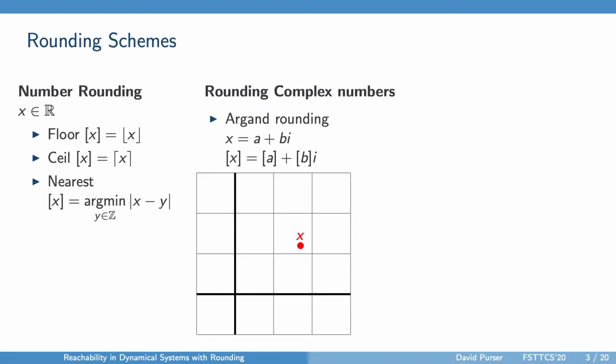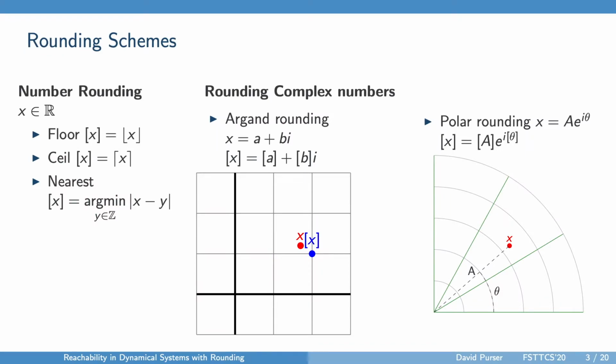One way to do this is to consider a complex number as both its real and imaginary part. So x is represented by a plus bi. We can then round a plus bi by rounding a and rounding b separately. Representing this in the complex plane, this corresponds to rounding to the nearest grid point. You could use any rounding function you like on both a and b.